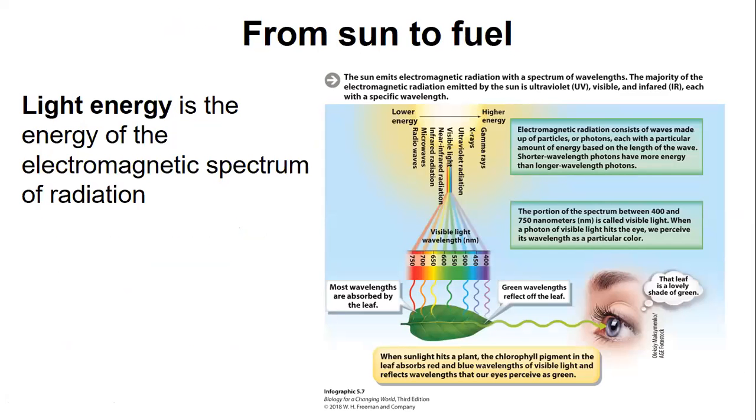Let's just take a quick look at what light energy is. So light energy has your ultraviolet, you have the visible, and you have infrared. So what we can see, or what they call visible light, is between 400 and 750.